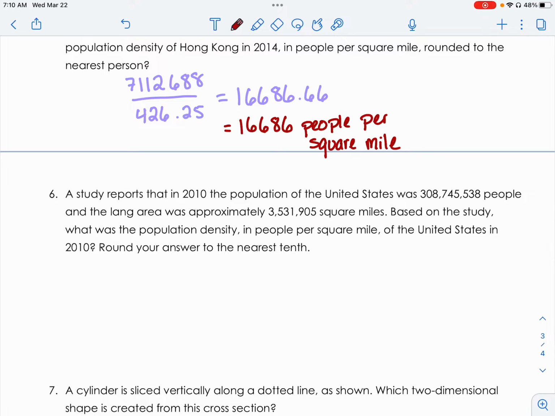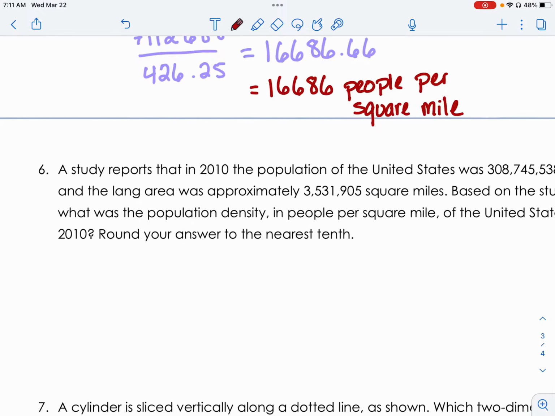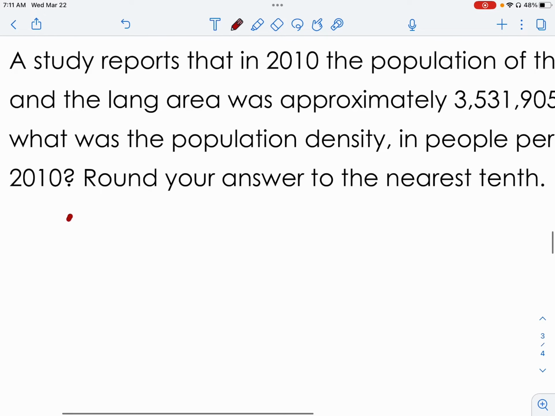Okay. A study reports that in 2010, the population of the United States was 308 million people, and the land area was approximately 3.5 million square miles. So what was the population density? Same problem as above. Set up your people on top.